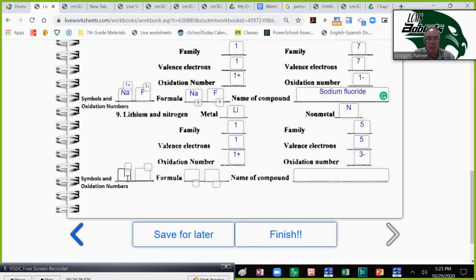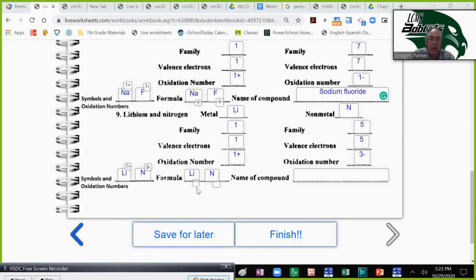So we're going to write the symbol and oxidation number, and we're going to write the other one and its oxidation number. Now to make our formula, it's going to be Li something, N something, and we're going to take this 1, this is where we do the crisscross, drop the signs, this 1 is going to go right here, and this 3 is going to go down over here.